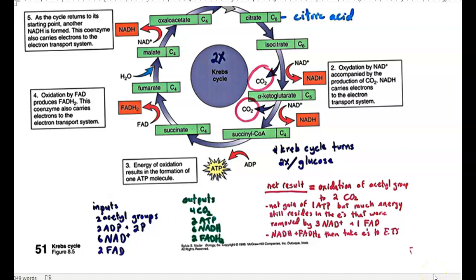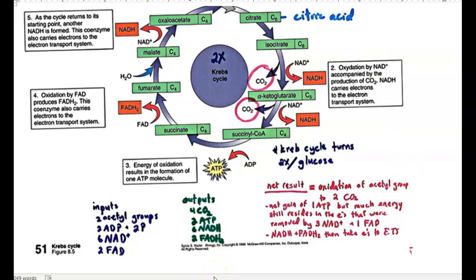So again, what you need to know is it's a transition molecule that enters it, acetyl-CoA. First molecule that formed is called the citric acid or citrate, so it's called the citric acid cycle. It goes around twice. The result of going around twice are these outputs: 4 carbon dioxides.